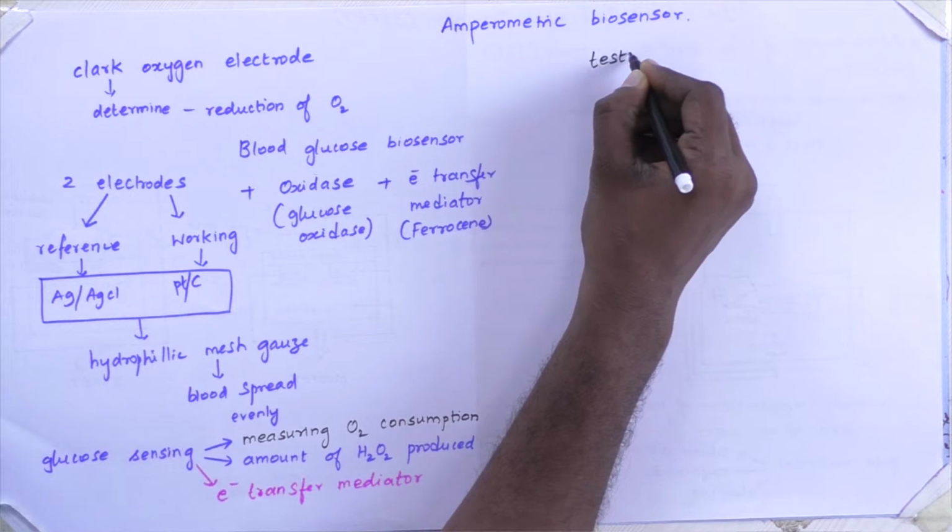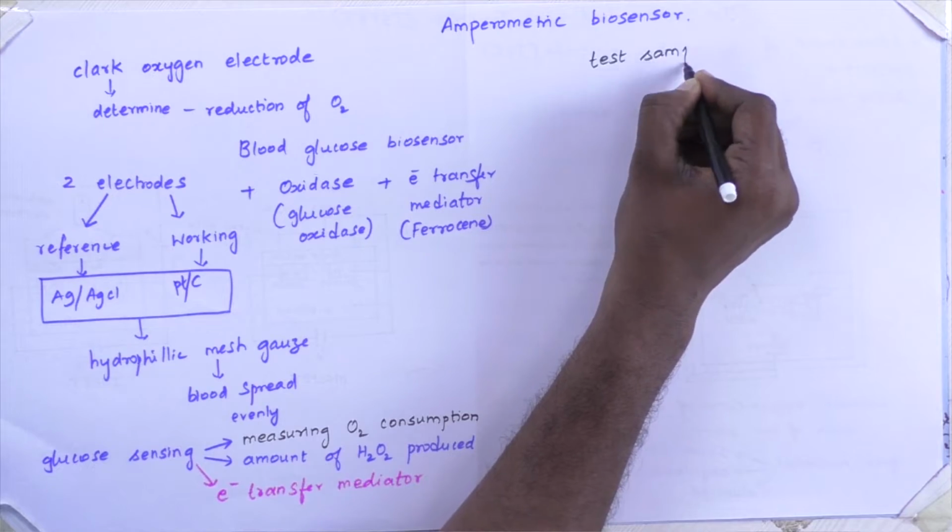When the test sample, that is a drop of blood, is placed on the hydrophilic mesh gauze, the blood drop spreads uniformly.